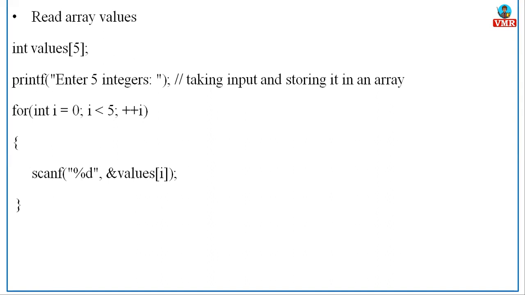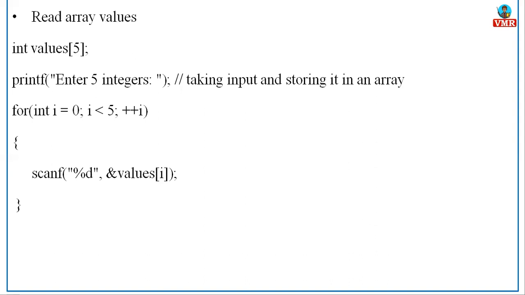Array is a collection of similar data type elements. Collection means you need to read the values repeatedly. How many times depends on the user. I want to read 5, you may want to read 10 values. So for that reason, you will be using loops.